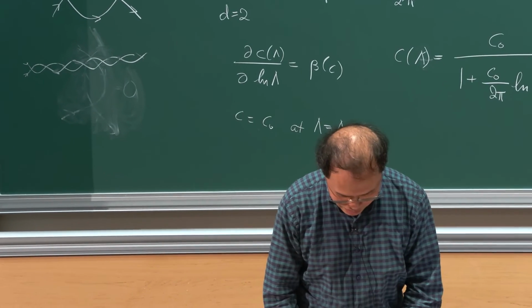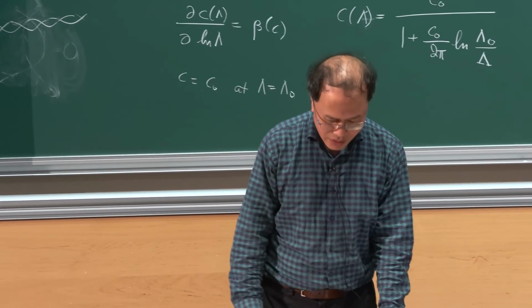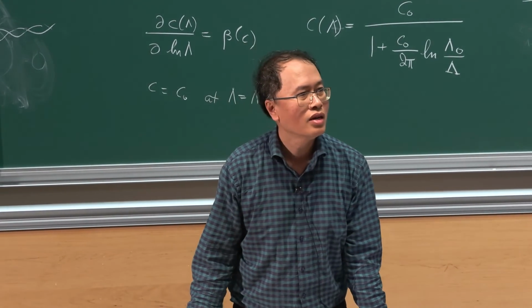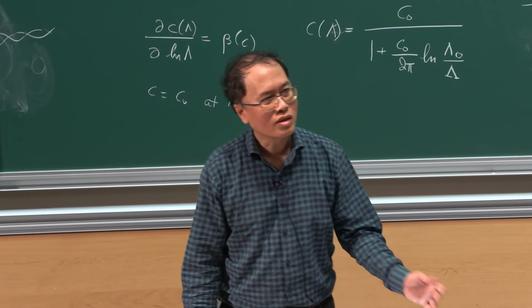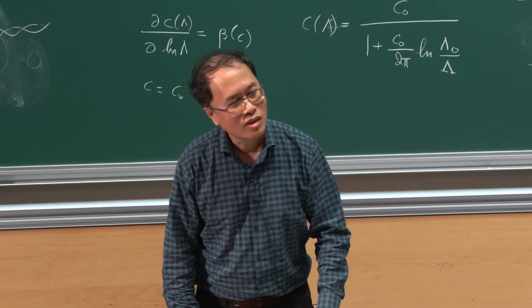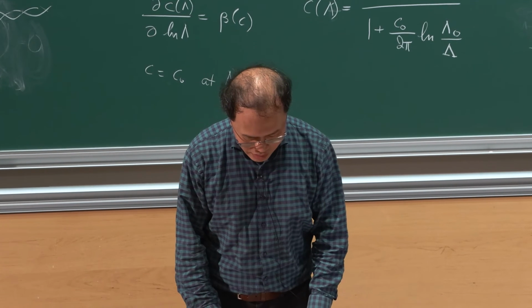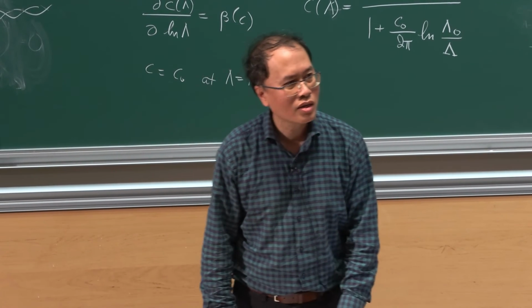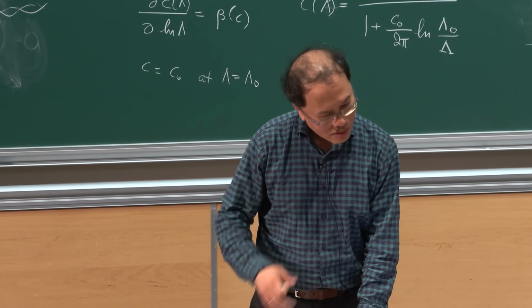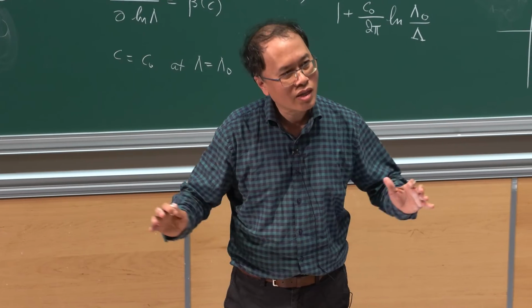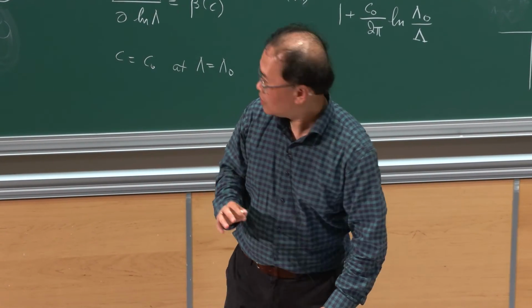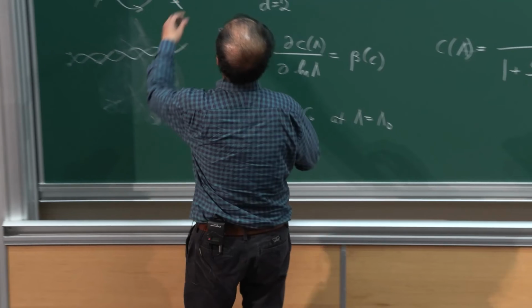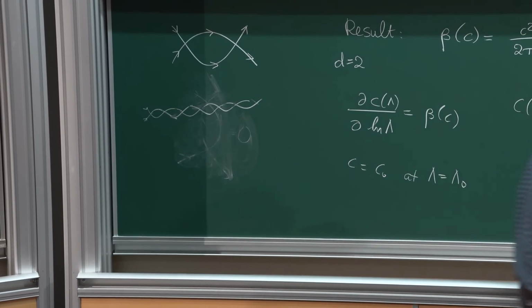So this is a motivation to consider theories with scale invariance. In relativistic theory, scale invariance often implies conformal invariance, and we can ask whether there is a conformal invariance, a set of symmetries larger than scale invariance, in non-relativistic theories. That is what we are going to do now.